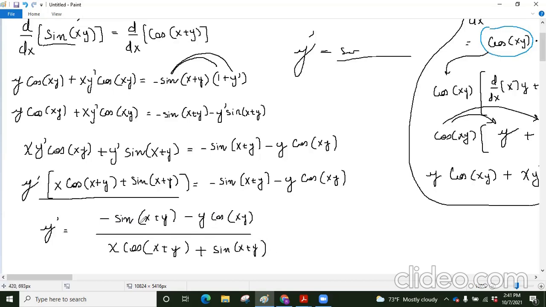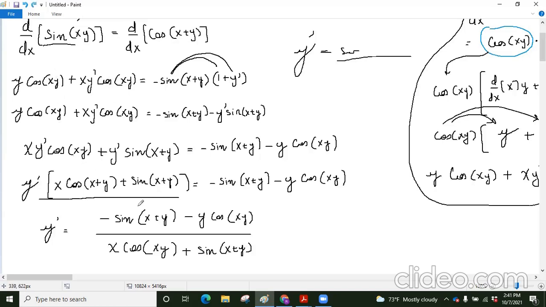Or sorry, that should honestly just not be x plus y, it should be xy, right? Just xy. So it should be x cosine of xy, and then we'll have plus sine of x plus y, right? I'm not too sure why I added that plus there, but as you can see, it was always xy.